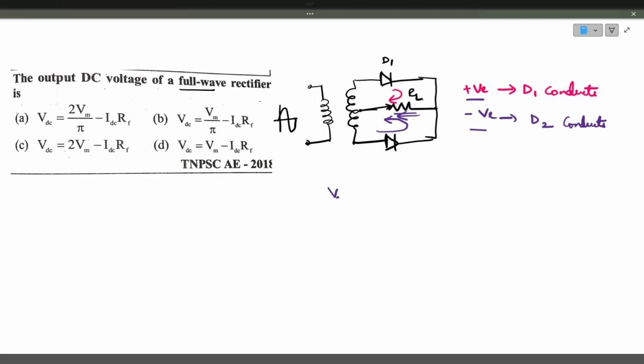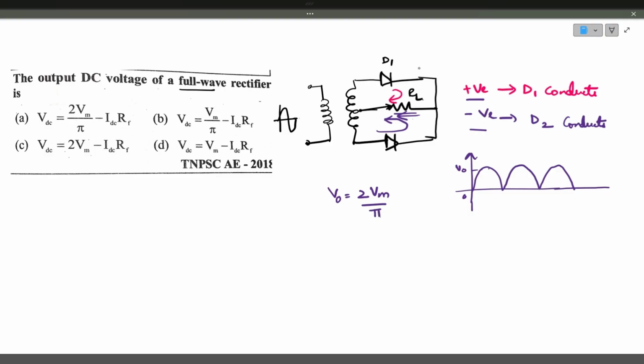So the output voltage will be like this. During the positive half cycle it is a positive voltage, and during the negative half cycle also it is a positive voltage in the output, because of the same direction of current flow. This is the output voltage, and here it is 2 Vm by pi.